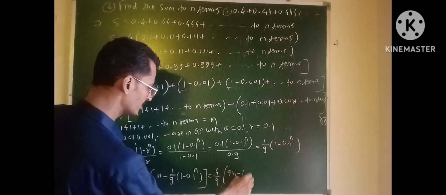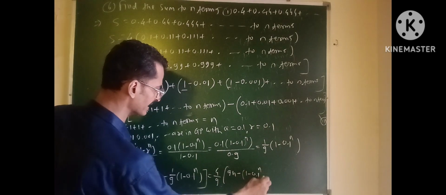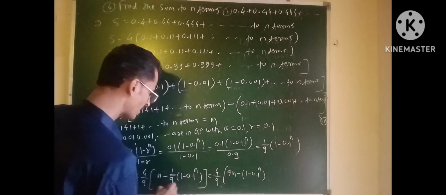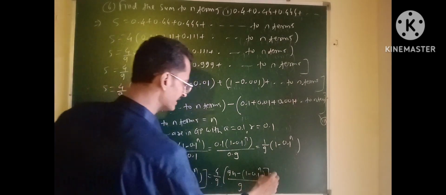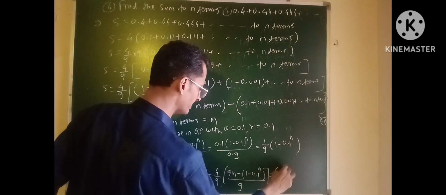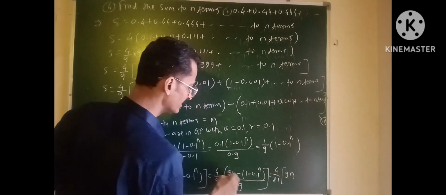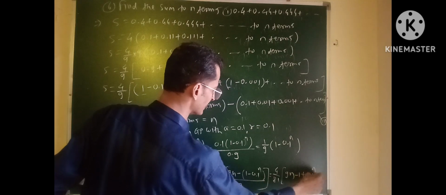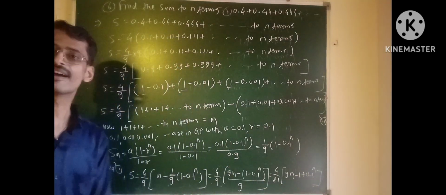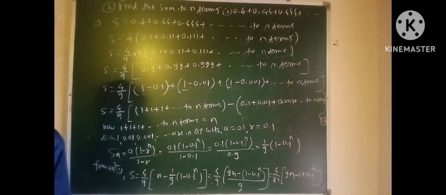So you can write 1 minus 0.1 raised to n upon this 9. So 9 into 9, 81. So 4 by 81, 9n minus 1 minus minus plus 0.1 raised to n. So this is our answer. You can take screenshot of this.